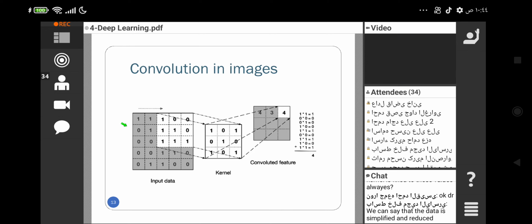The reason for the data reduction is that the kernel could only move here, 1 2 3 4 5 6 7 8 9. It could only move in these boxes. So we have 9 results only.